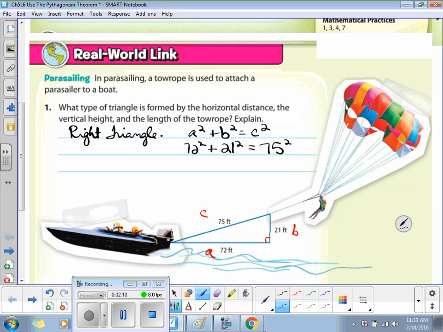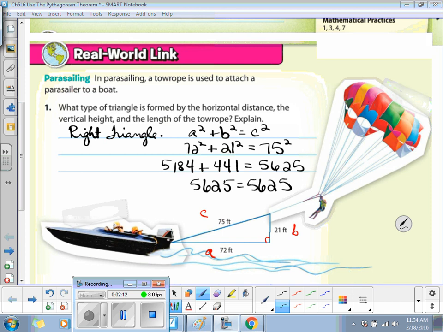Is everybody clear? Because when we put it into the formula, we end up with a true statement, we know that is a right triangle. Is everybody clear?